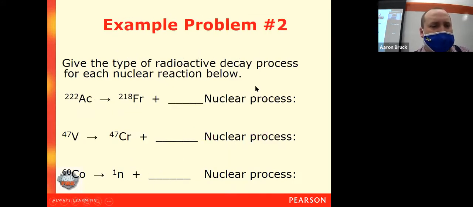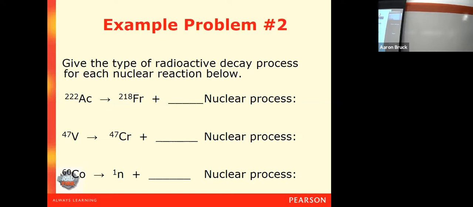But let's do some example problems. In this process, we want to do two things. We want to identify the missing radioactive particle and identify the process by name. Now to do that, this is kind of a game of fill in the blank. What's missing?